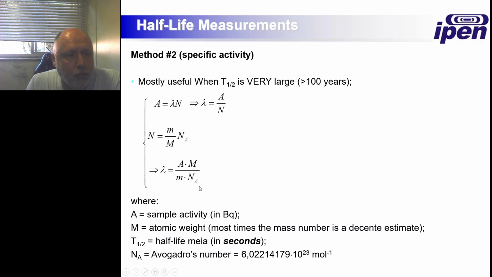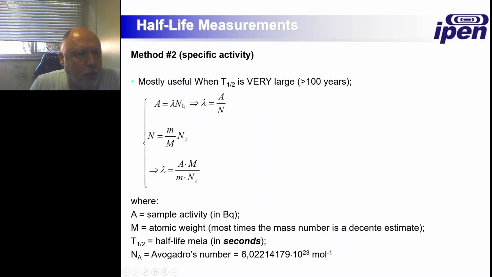Well, if we remember that the activity is lambda n, meaning lambda is the activity over n, this is called specific activity, the activity per number of nuclei.